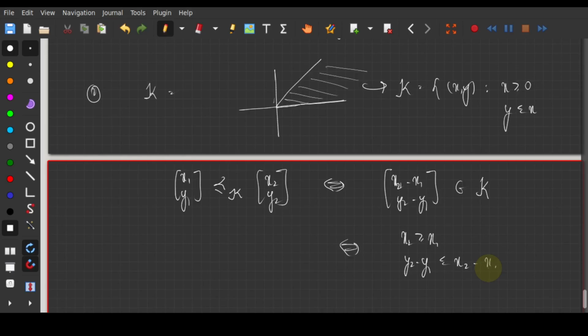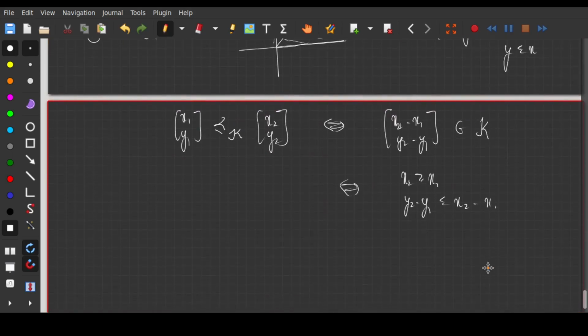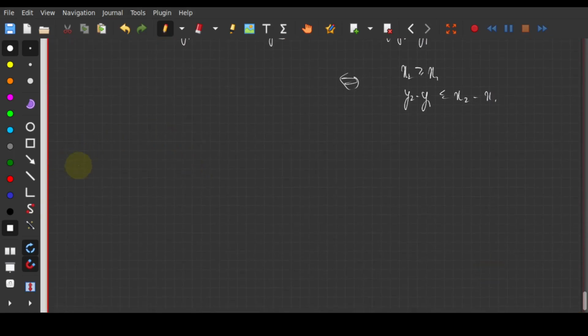So, okay, let me look at something a little bit different, a slightly different example. Let's look at R2, and suppose my cone is now the second quadrant.